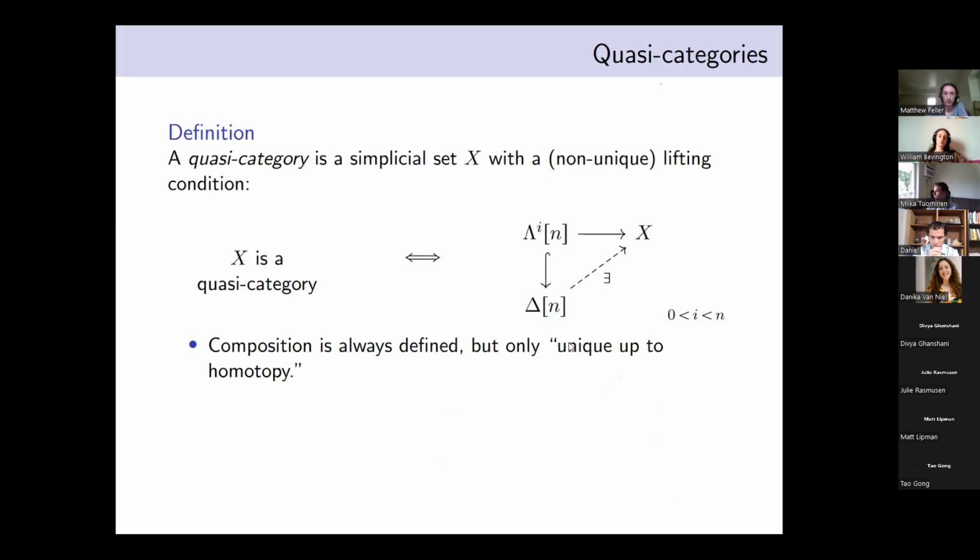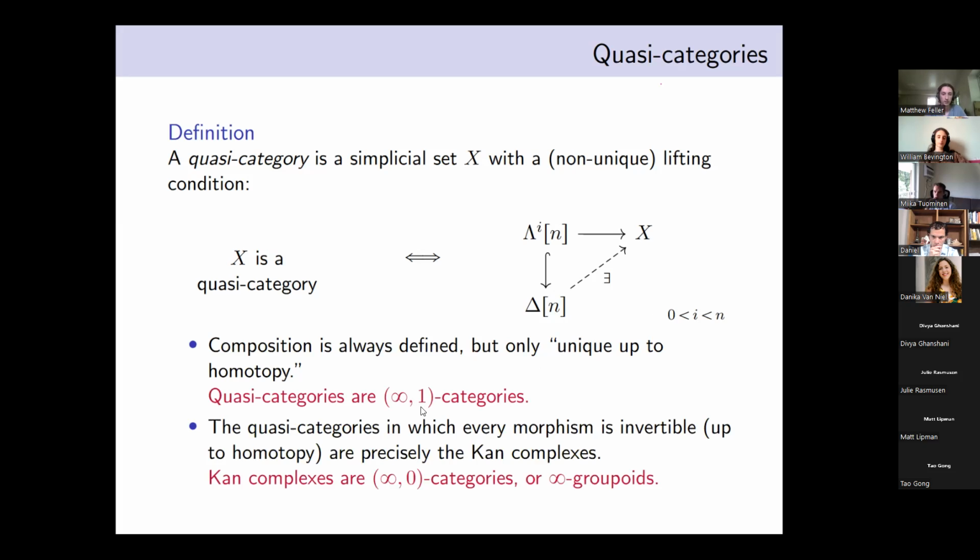So somehow the higher n-simplices, for n bigger than 2, will witness that any two different choices of composition here will actually be homotopic. Maybe I won't dwell on this, but quasi-categories are a model of infinity-1 categories, and you could correspondingly say that Kan complexes are infinity-0 categories, or infinity groupoids, because they turn out to be exactly these infinity-1 categories where every 1-morphism is invertible.